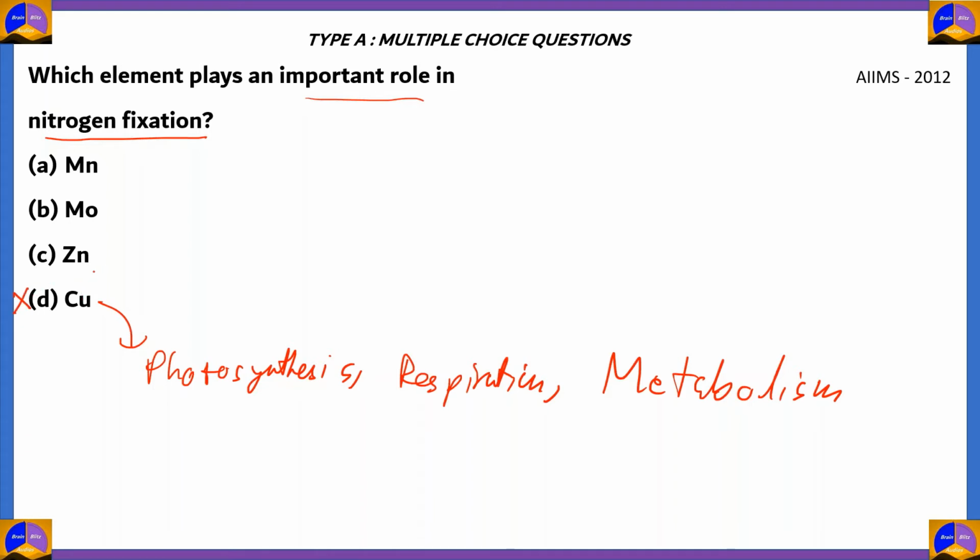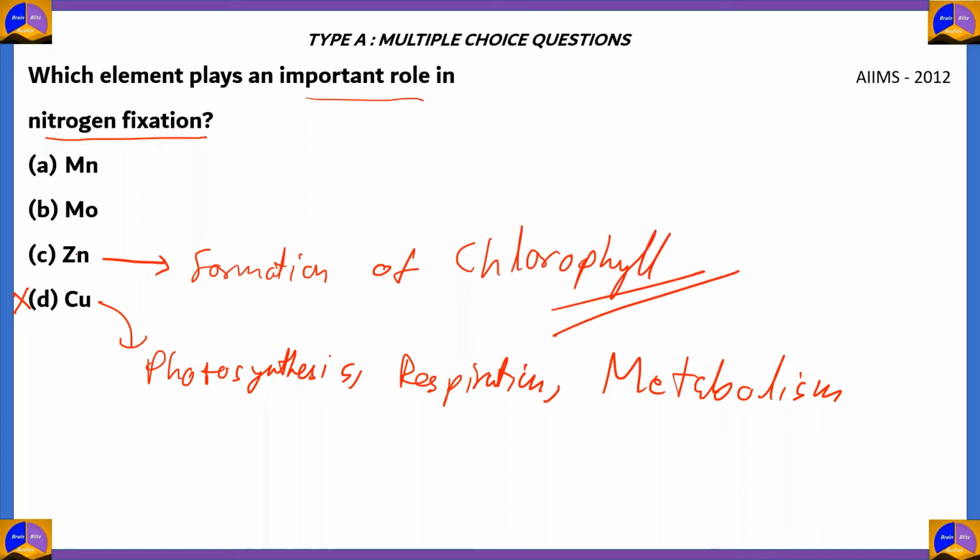What about option C, zinc? Zinc has a specific function. It helps in the formation of the pigment chlorophyll, and chlorophyll is important for photosynthesis. So option C is also incorrect. What about option A, manganese? Manganese again has a specific function.